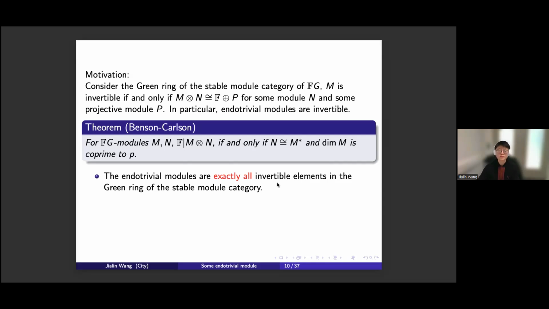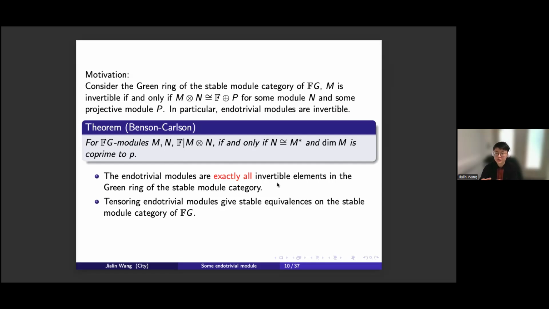And furthermore, since M tensor the dual of M is isomorphic to F in the stable module category, tensoring with these endotrivial modules gives you stable equivalences on the stable module category of FG.